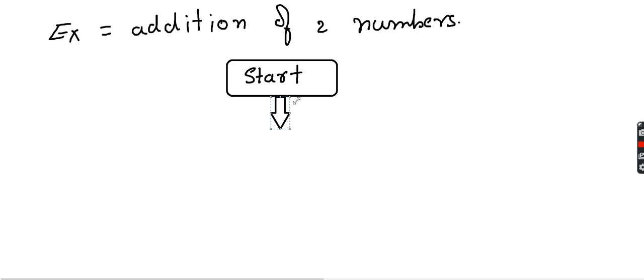After that I should read A and B. So that is why I go for the input output statement, which indicates the reading and writing operation.